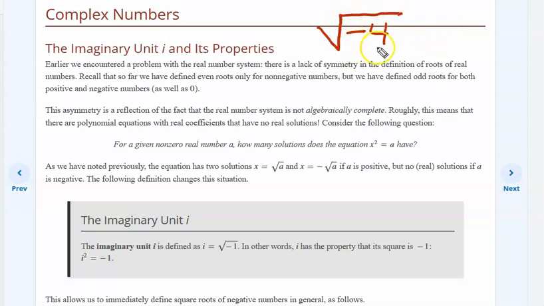So they came up with something to try to work with this, and that was to develop this concept of something that's called the square root of -1. They will define that in this section and then throughout the course as the letter I. So the square root of -1 is I.